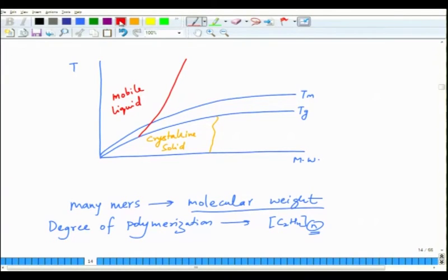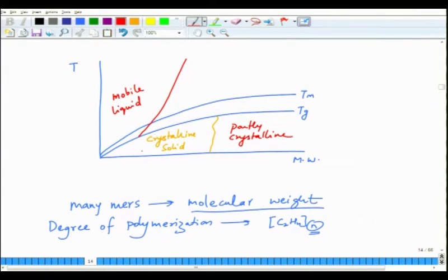In the second region it tends to become partly crystalline, because if chains become longer and longer and the molecular weight increases, it is difficult for them to maintain the crystallinity because of cross linking and because of bending and flexibility of chains. So, it is partly crystalline. The crystallinity tends to decrease as the molecular weight increases, and at higher temperature it tends to convert into a liquid.